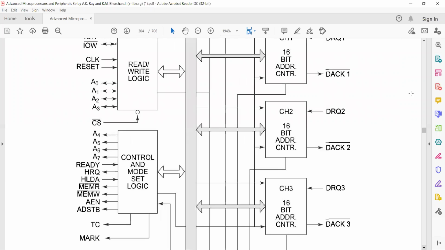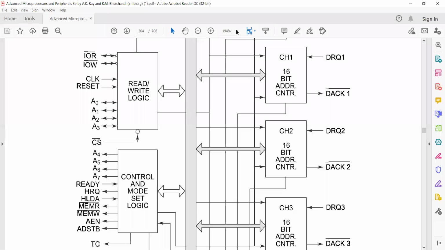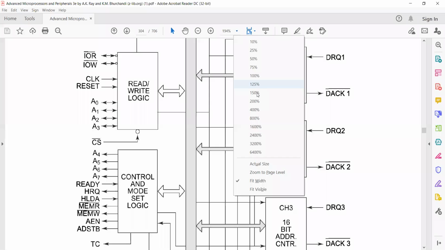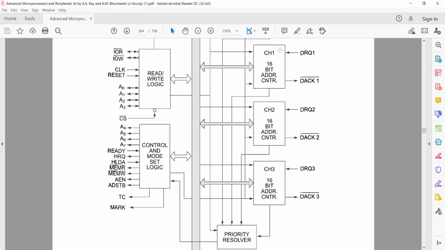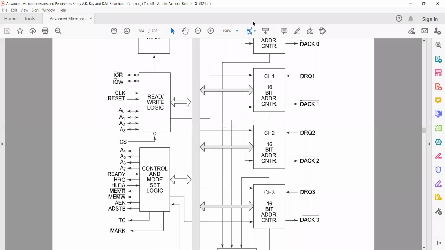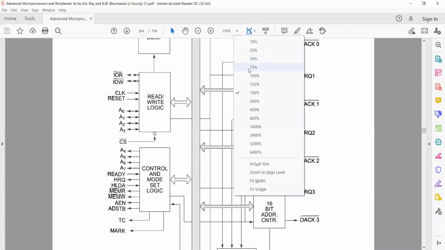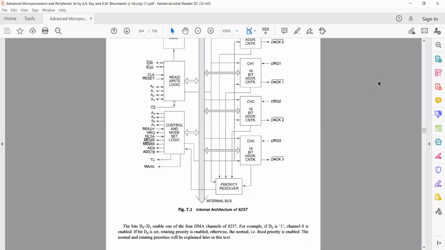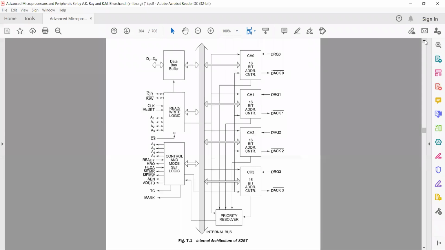Yes, this is your block diagram. You can see the complete architecture of 8257.